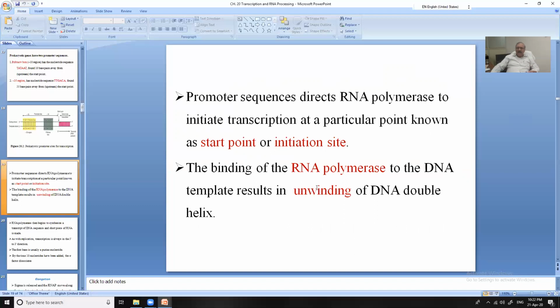The binding of the RNA polymerase to the DNA template results in unwinding of the DNA double helix. You understand very well that DNA is a supercoiled molecule, and if replication or transcription is to be started, then the two strands should be separated.